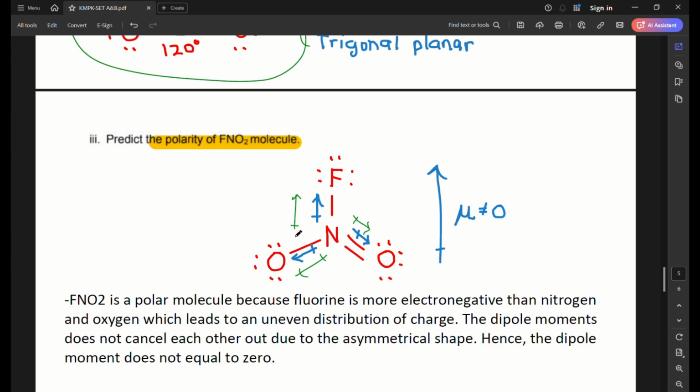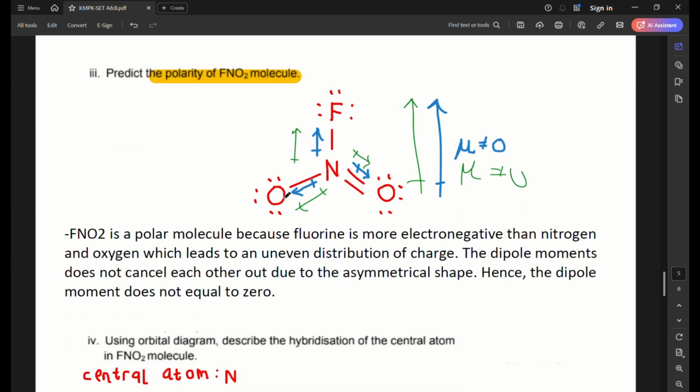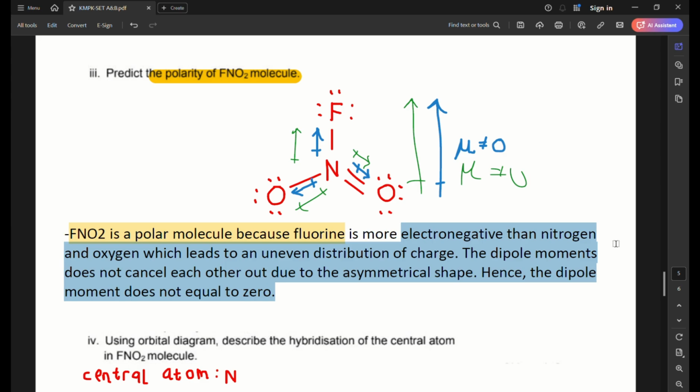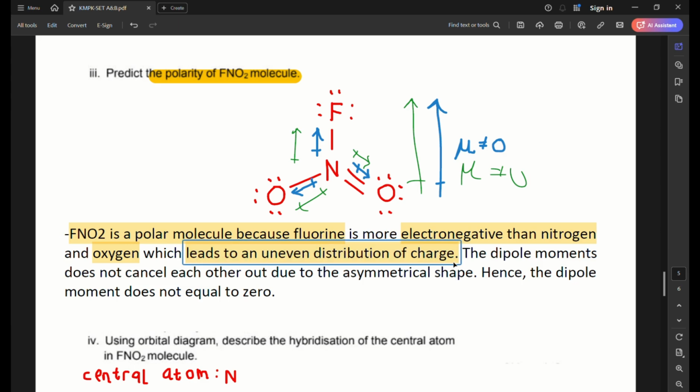And F is more electronegative than O, and then both of the O's. So that means the dipole moment should be going upwards, and the mu does not equal 0. Hence, the answer is FNO2 is a polar molecule because fluorine is more electronegative than nitrogen and oxygen, which, just like I said earlier, gives an uneven distribution of charge. The dipole moments do not cancel each other out due to the asymmetrical shape. Hence, the dipole moment does not equal 0.